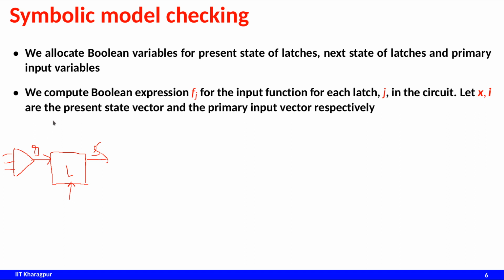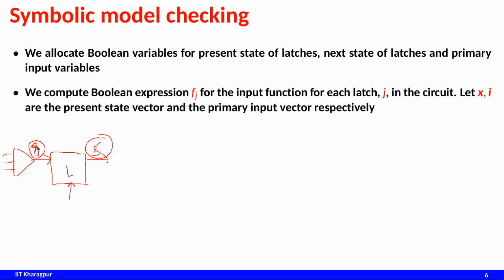Fine. Now in order to extract out this transition system, for every latch we allocate Boolean variables for the present state and the next state.